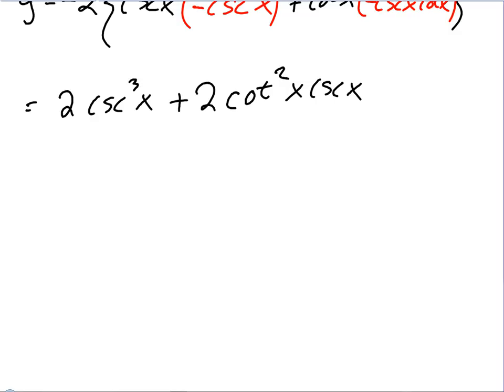Because usually our goal is to take a derivative or a second derivative and then find the zeros of that. And so when I set this thing equal to 0, I'm going to be trying to factor, right? It's a lot easier to factor if I'm factoring in terms of a single type of trig function than multiple types of trig functions. So that's really behind the scenes. There is some motivation for this.